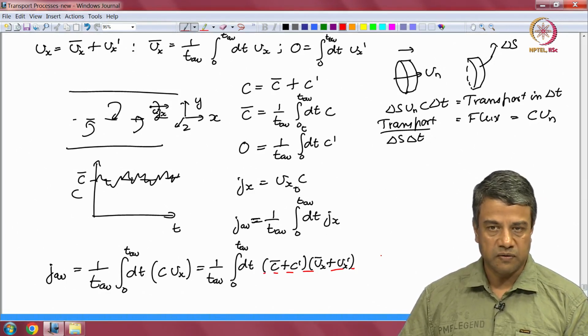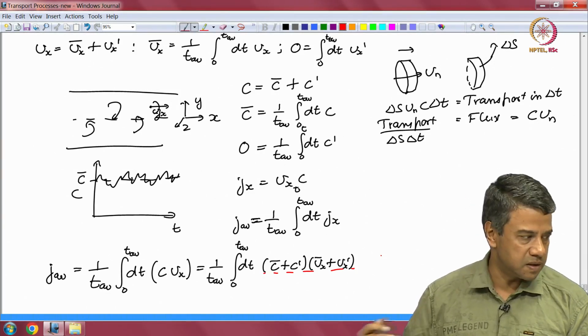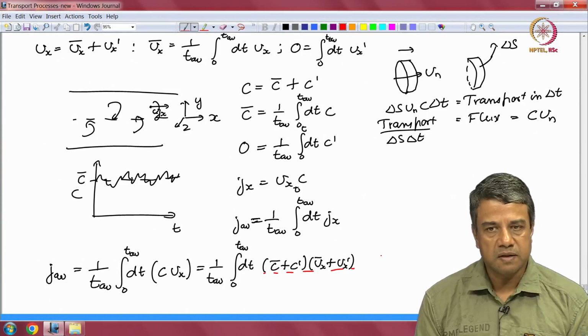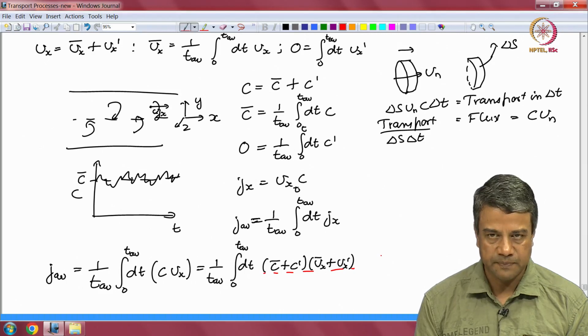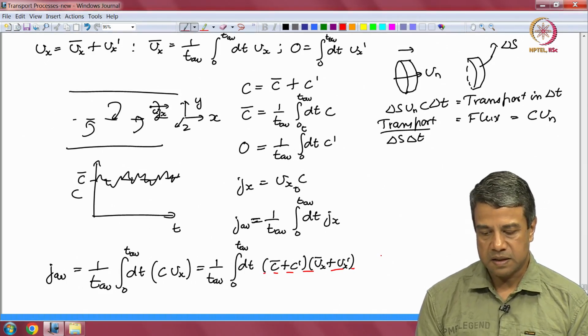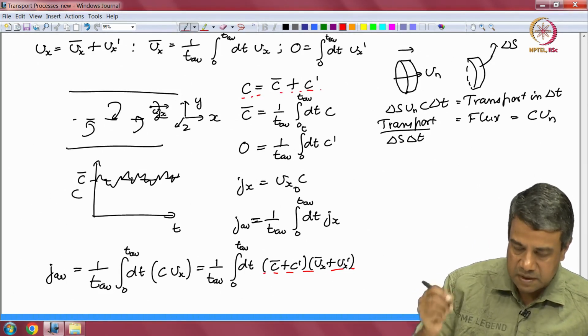These eddies, as they move along, they take along with them their concentration fields, and of course, there is diffusion which tends to smooth out the concentration fields. Because of the fluctuating velocities, there will also be fluctuations in the concentration field, and the concentration can also be expressed as a sum of a mean value plus a fluctuating value.